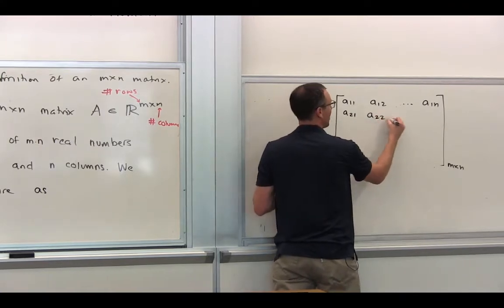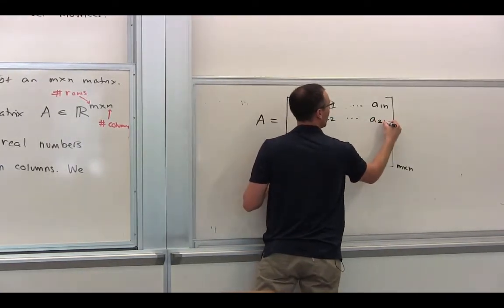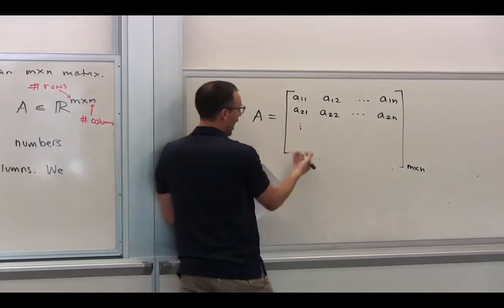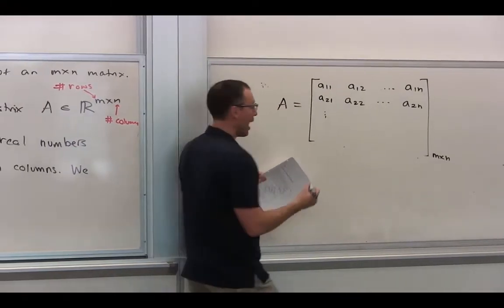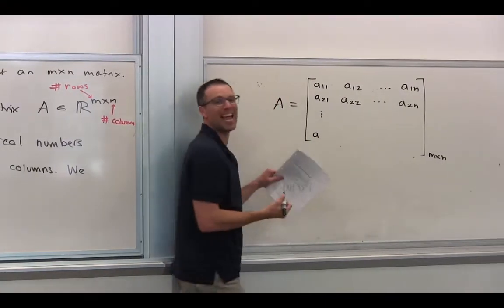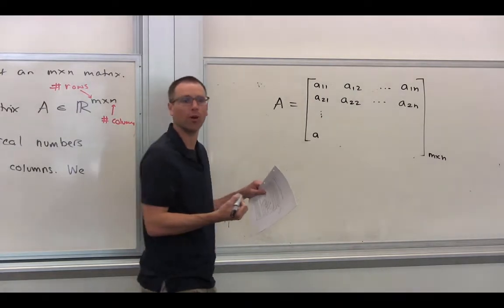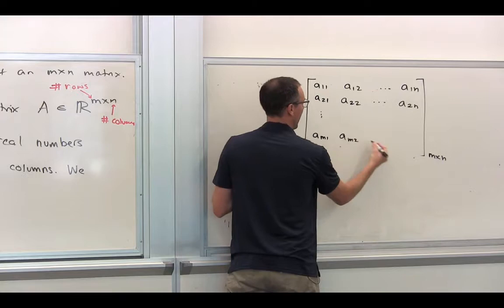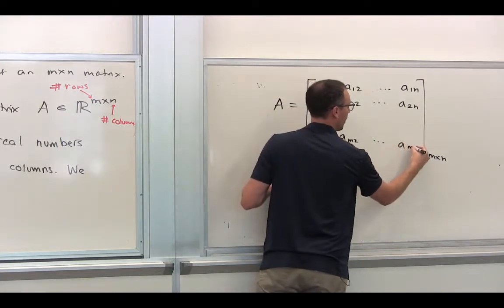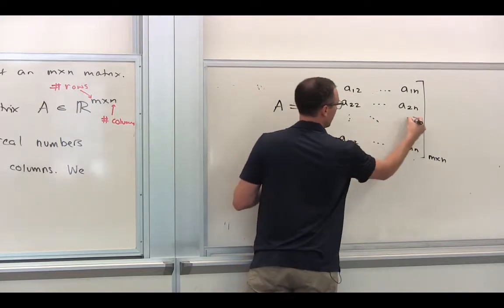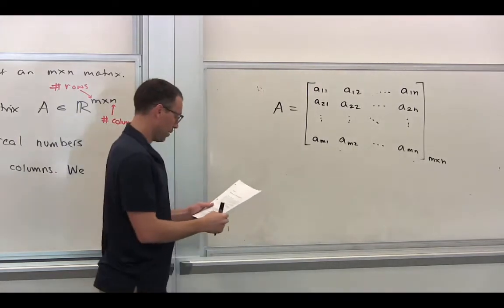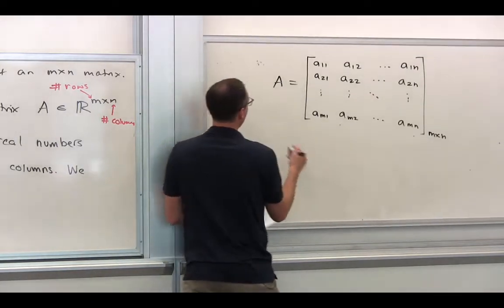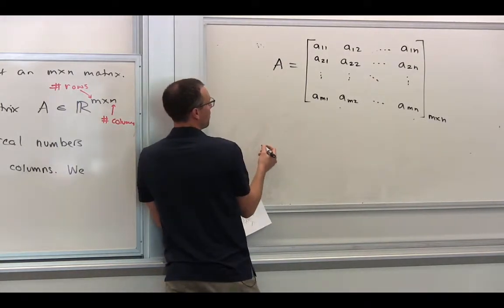A21, A22, all the way to A2n. How many total rows do I have? M of them. So the first entry in the mth row would be what? Am1, Am2, all the way to Amn. So that's now an m by n matrix.